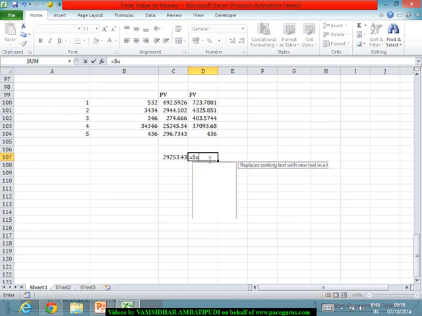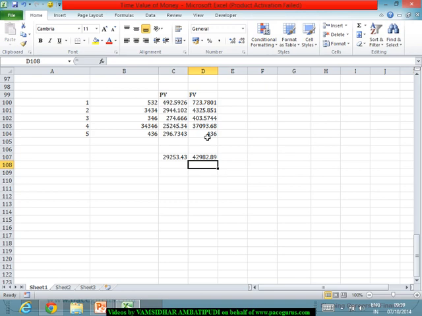So if I am looking at the total future value also, this is what is coming out to the total future value. Now, if I try to discount this total future value to the total present value, 1 plus 8% to the power 5, I am getting the same total present value.